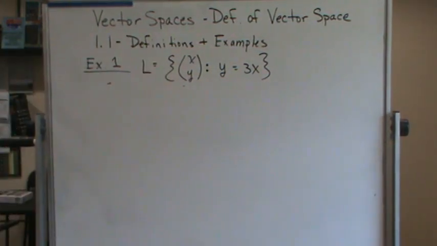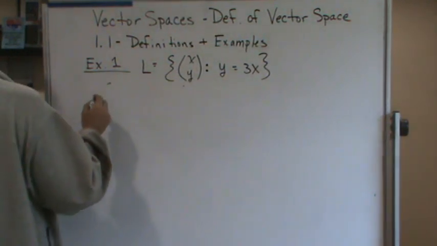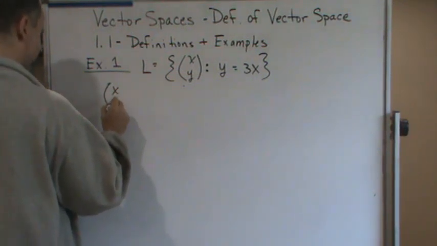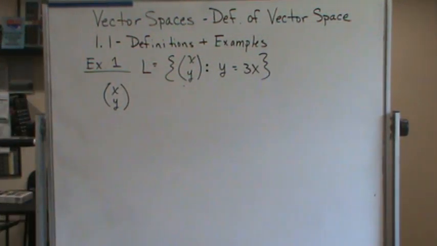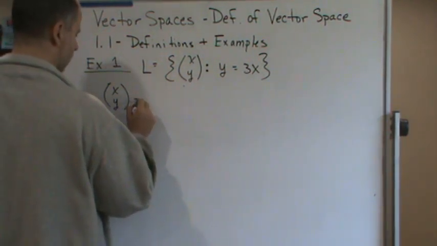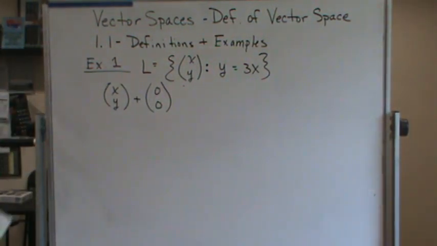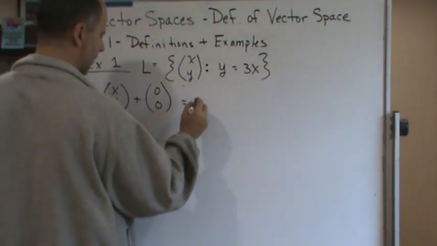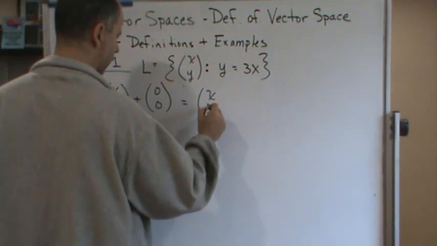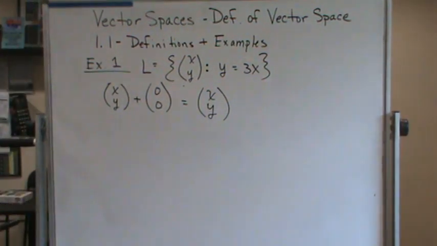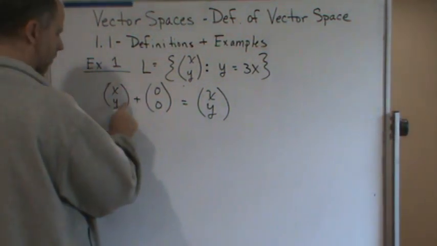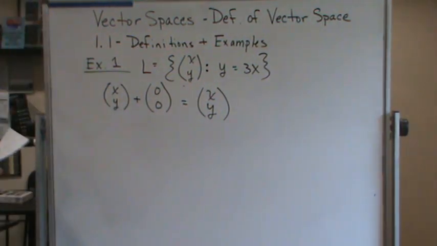Now let's look at the fourth condition. And let's introduce the zero vector. So we have (x, y). Now the zero vector in this case would be (0, 0). And of course, if we add these, we just get (x, y), because we just get x plus 0 and y plus 0, so we get the same thing out.